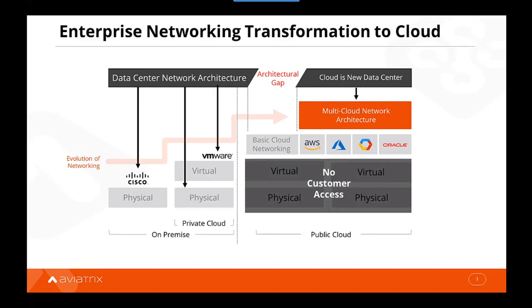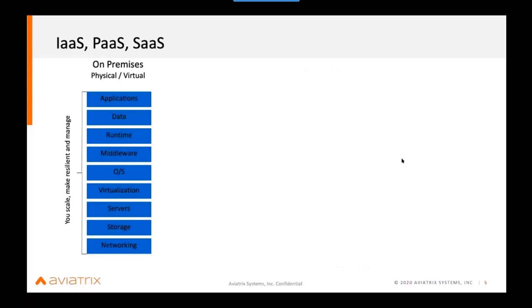So they provide you these constructs and say, hey, go build it yourself. There's an architectural gap here, because these constructs are provided to you, but you have to build it yourself. And it lacks a proper multi-cloud network architecture that would help you build on the public cloud while consuming the cloud constructs.